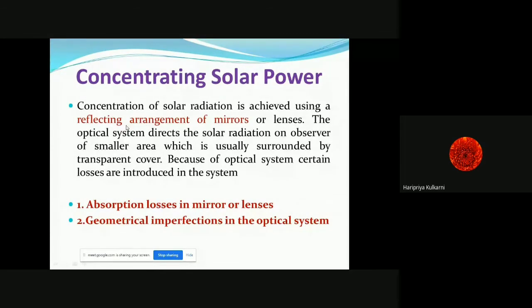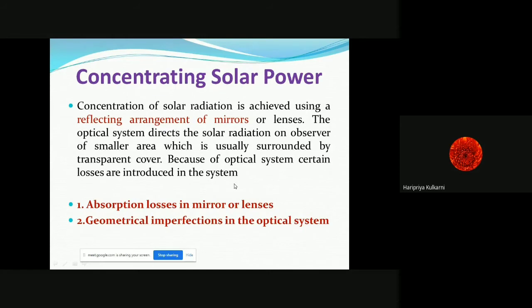The optical system directs the solar radiations on the absorber. The absorber is a single point absorber or it could be a line absorber, where solar radiations are absorbed over a smaller area which is usually surrounded by a transparent cover. Because of the optical system, certain losses are introduced in the system.